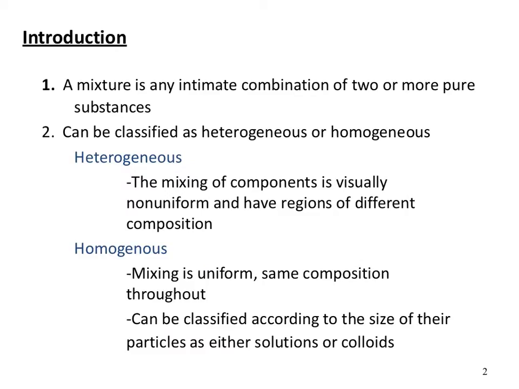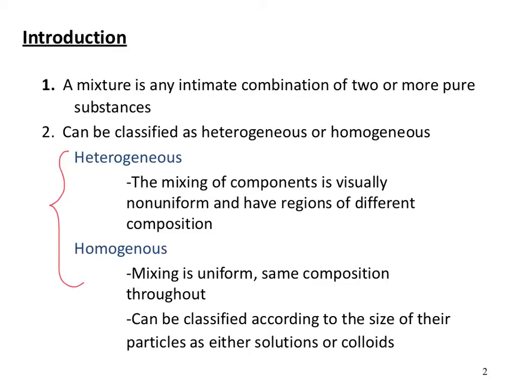Recall from General Chemistry 1 that mixtures in general could be of two kinds. You could have a heterogeneous mixture or a homogeneous mixture depending on how well the solute mixes with the solvent. If you see that the components are visually non-uniform, then you will say that there are regions of different composition, and you would say such a mixture is a heterogeneous mixture. Good examples will be oil and water, sand and water.